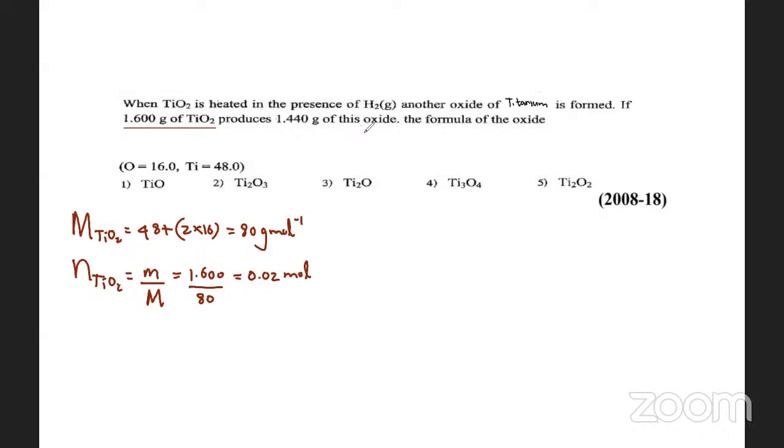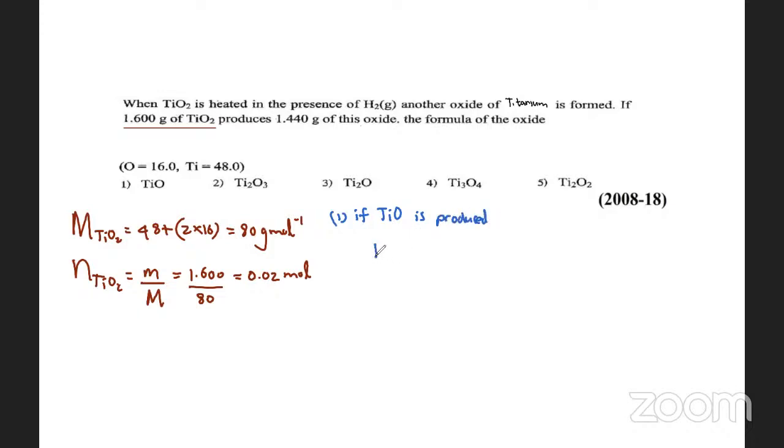And it's going to react with hydrogen and it's going to produce another oxide. I don't think we will be able to directly find the answer. We'll have to choose each and see which one is suitable. Trial and error. So I'll do one by one. If TiO is produced, so first one, let's just check one by one.